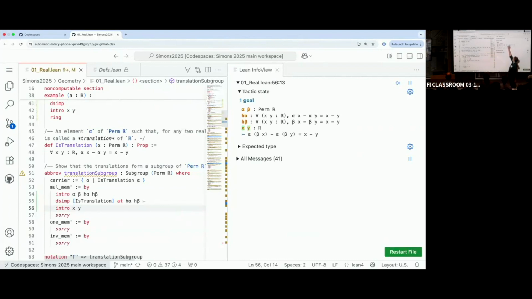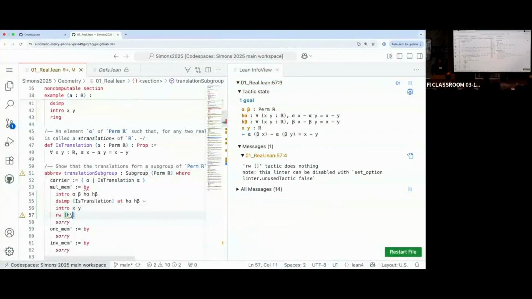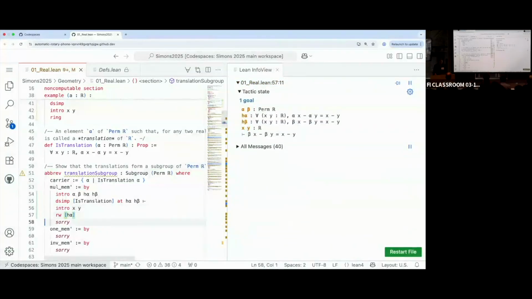We probably want to use this hypothesis here to change alpha of beta of x minus alpha of beta of y into, so what would it turn into when we use this fact? So we can use this rewrite tactic. I'm not sure if anyone has shown you this before, but rewrite takes an equality, or possibly an equality with a for all in front of it, and it looks for places where it would match.